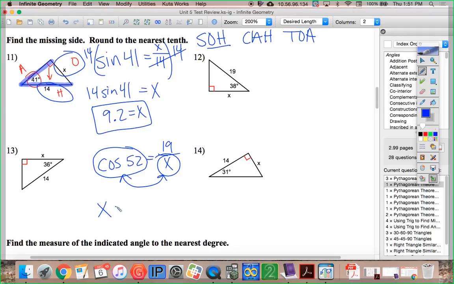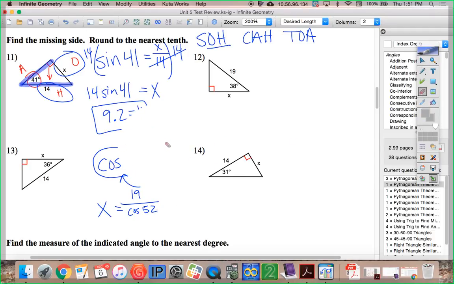So now we have x over here and cosine of 52 down here, and we'll do 19 divided by the cosine of 52. None of those are like that on the review. I didn't do that on purpose. I made sure there was a sine, cosine, and a tangent, but I forgot to check that. I gotta erase this because that's gonna bother me.